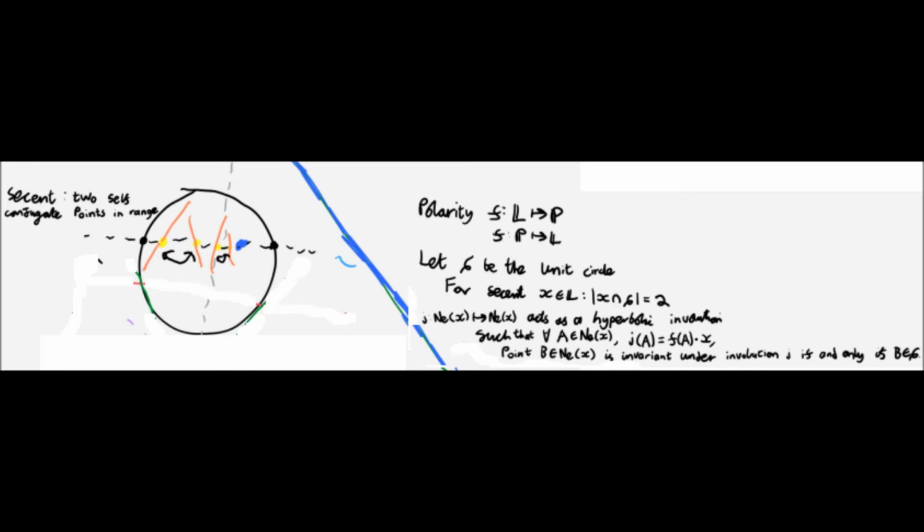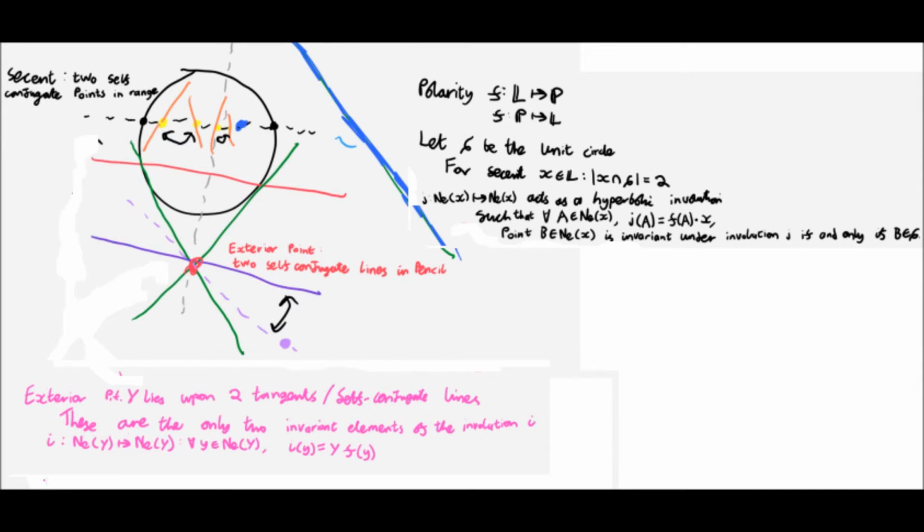We can also consider the dual idea of how involutions are related to interior points and exterior points. So now rather than being mappings from ranges of points to ranges of points, now we're going to think about involutions which send pencils, as in sets of lines through a point, to pencils.